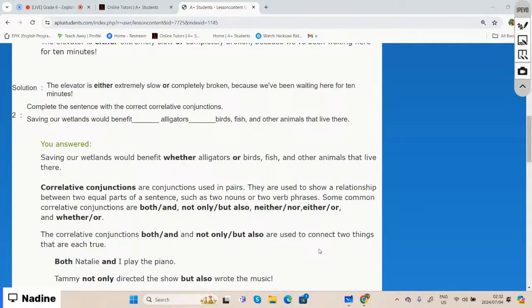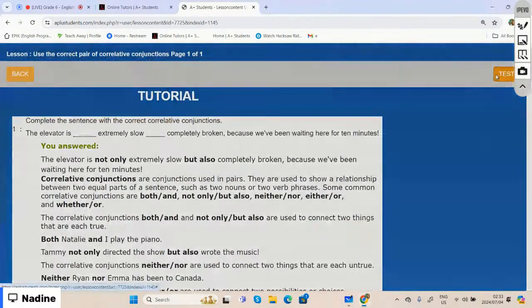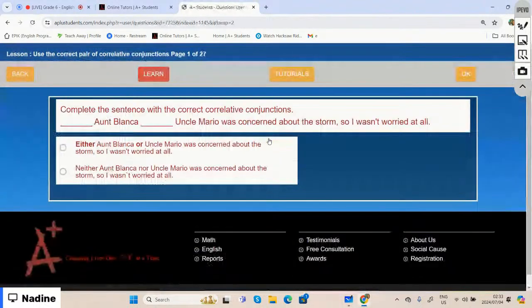So some common correlative conjunctions, and we made mention of both or and, not only but also, neither nor, either or, even whether or. All right, so now we're going to our test where we are going to use the correct correlative conjunctions.